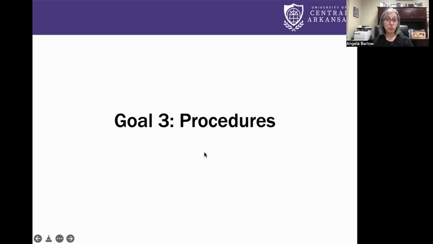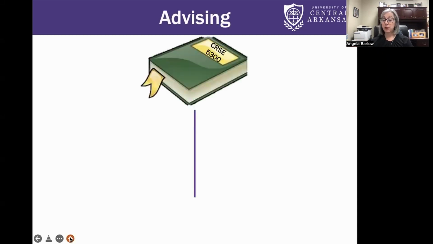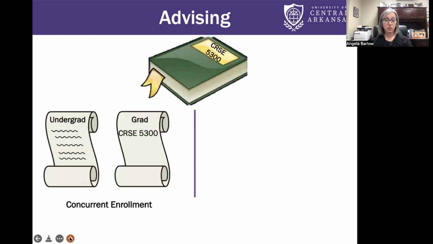So now that we have a feel for the two enrollment statuses and how they compare and contrast with one another, I want to take a look at the procedures that are related to dual and concurrent enrollment. Perhaps the most important piece to this is advising. If you're working with a student and they're interested in concurrent enrollment, there are two things that are important.